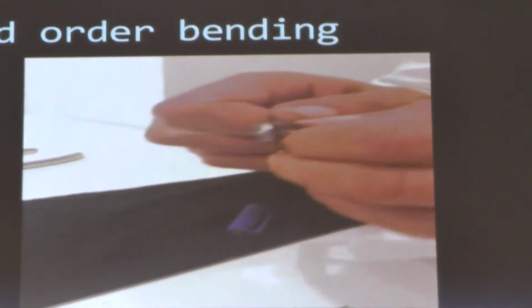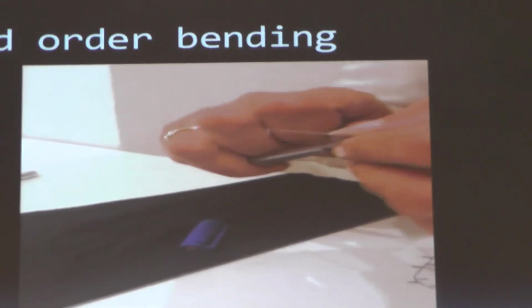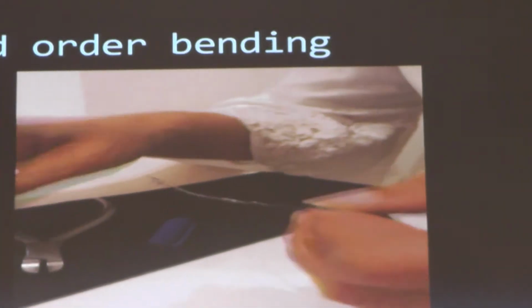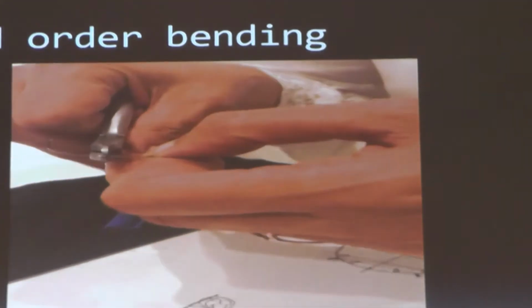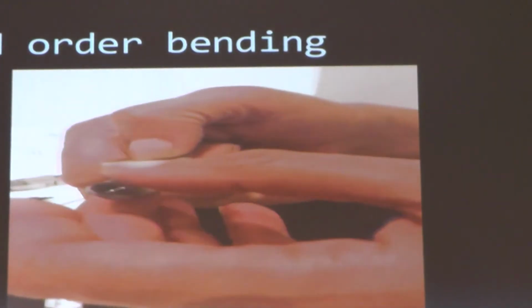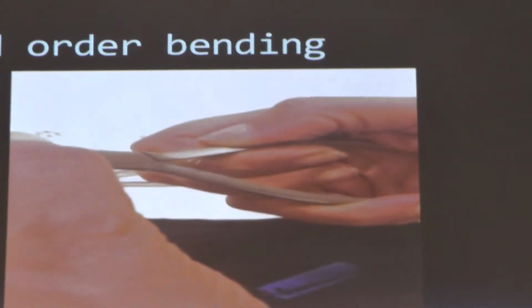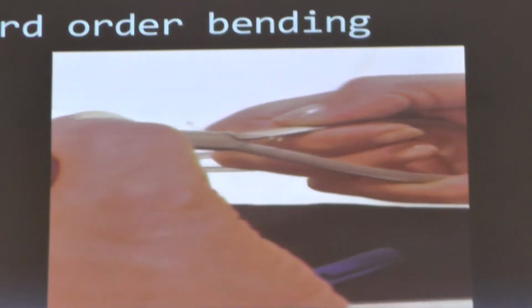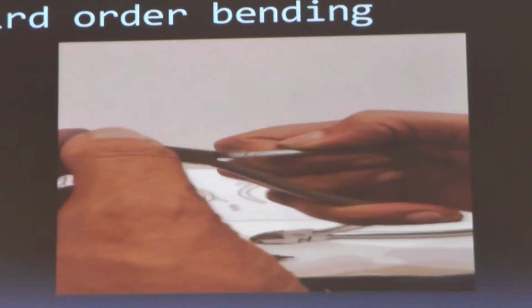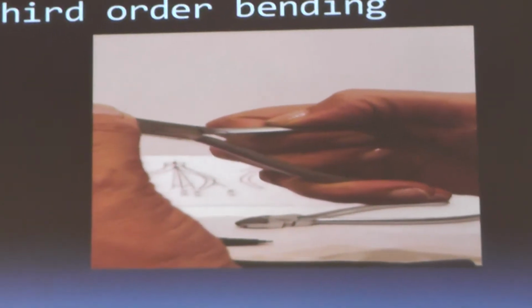Now we will check for torque. If the wire is flat, as it should be, we look at the distal end of the wire.